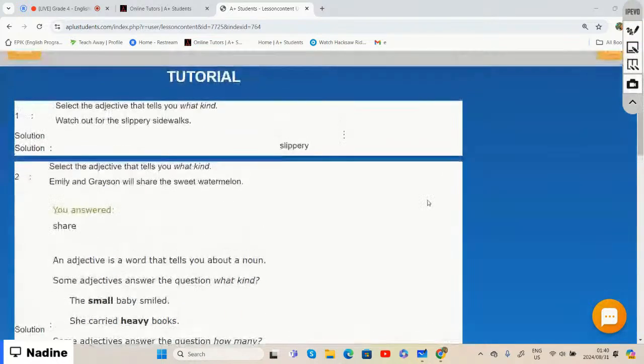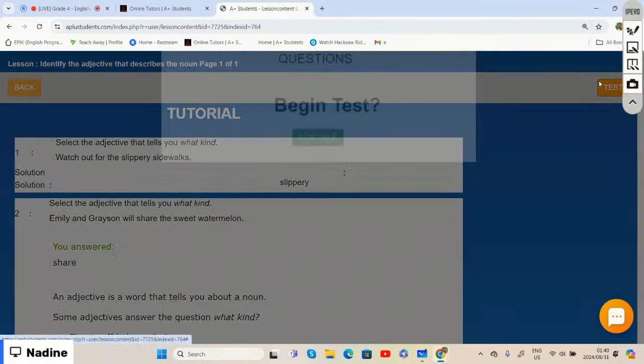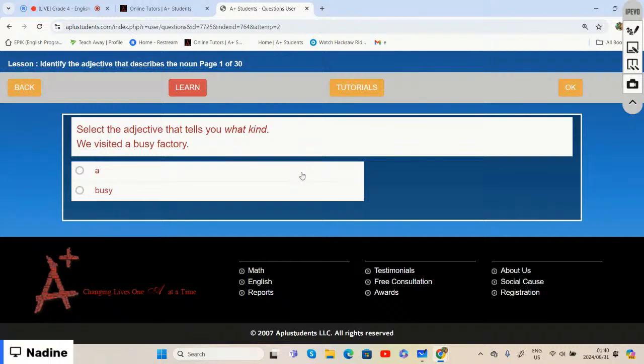All right, so now we're going to our test where we are going to identify the adjective that describes the noun. We're going to identify the word that describes the noun.